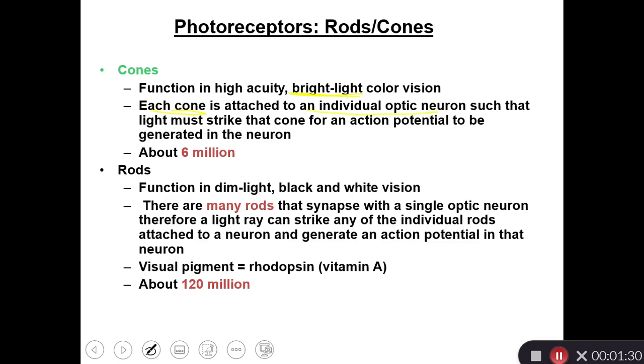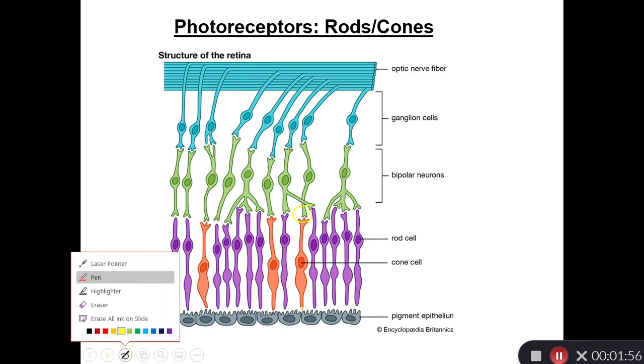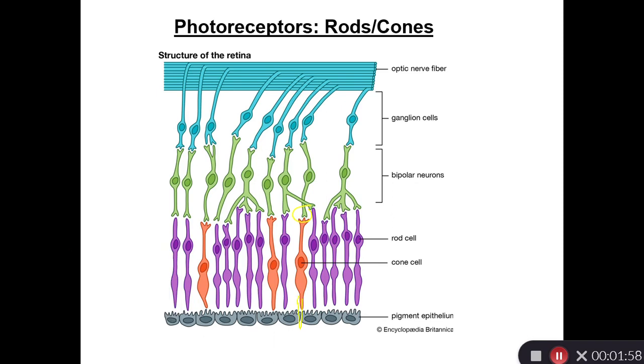So the light must strike this individual cone so that action potential happen. So here, if you look at that image, the cones in red color, they synapse with one individual neuron. So when the light comes here, it must stimulate the individual cone, so that action potential goes along the neuron.